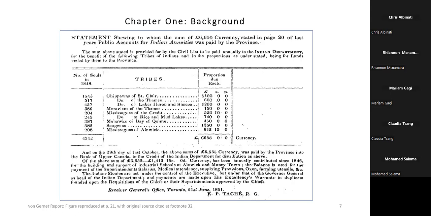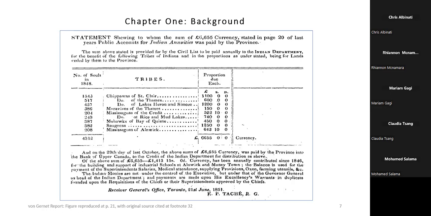And where it says proportion due each, those are the actual annuities payable every single year. And then the total is 6655, which in this instance is correct, although it doesn't match the civil list number, it's off by 11.